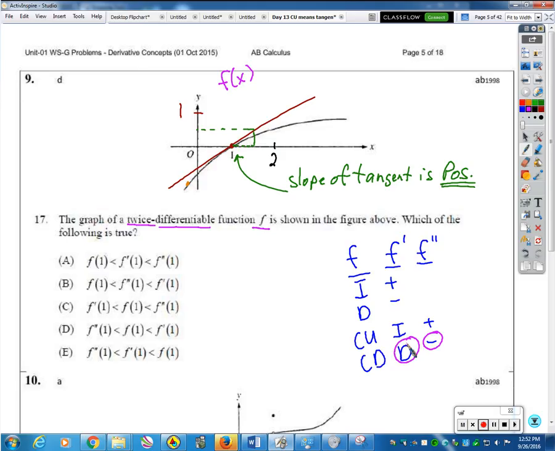Perfect. Super Spencer as well. f of x is concave down, so we know that f double prime must be negative. In fact, we can write this. f of x is always concave down, so f double prime is always negative.